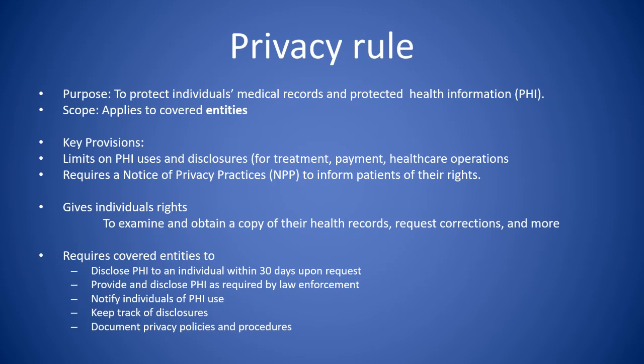Then notify the individuals of the use. If this information is being shared, a notification needs to be sent to patients. Then the entities need to keep track of all the disclosures, and they need to document the privacy policies and procedures.